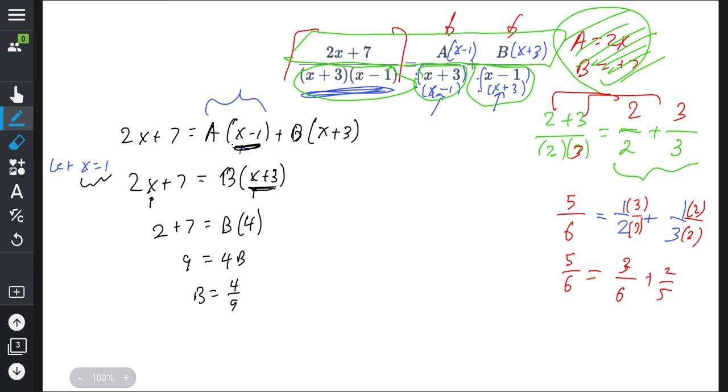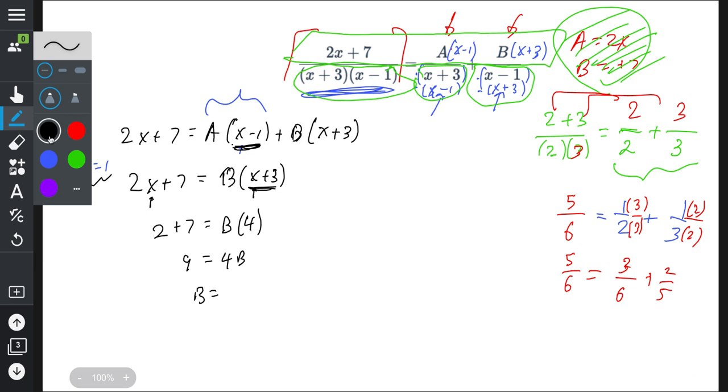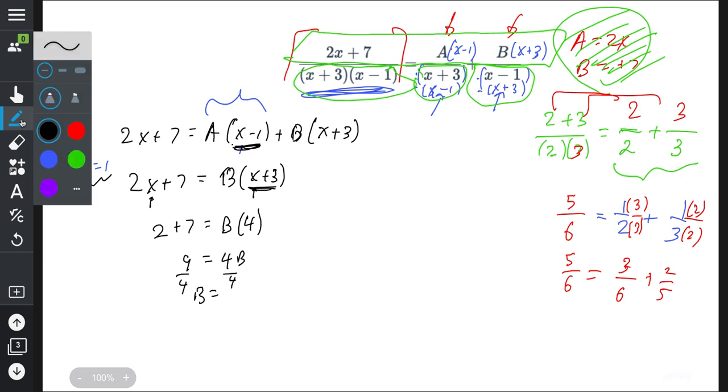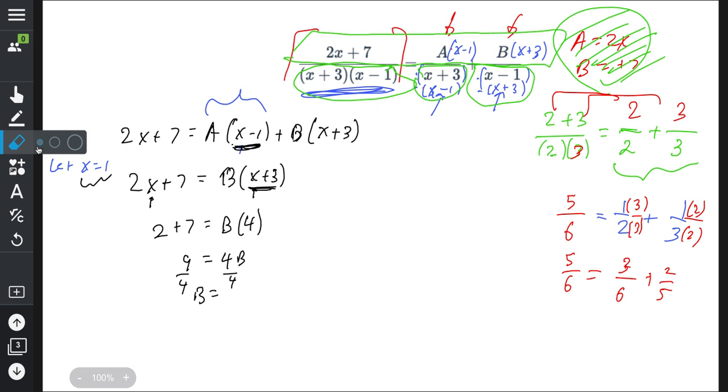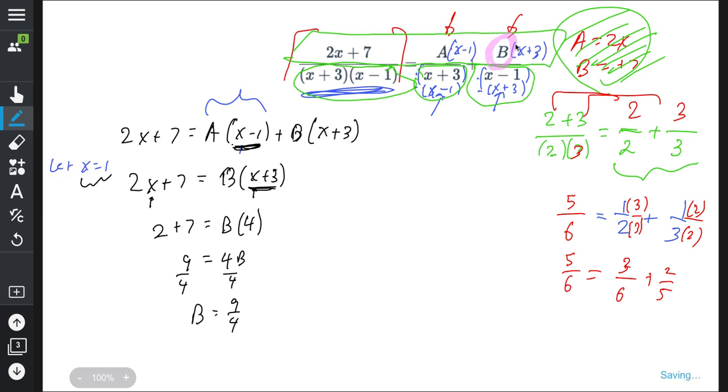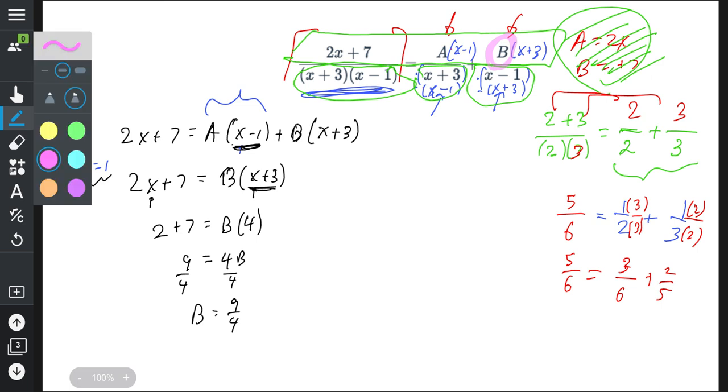Sorry, my mistake. 9/4 is what I meant. 9 over 4, divide both sides by 4. So B is 9/4. We've gotten one of our answers. Let's work on the A.